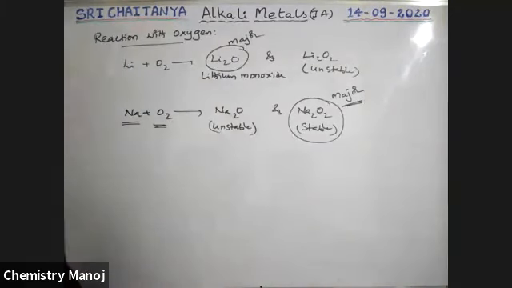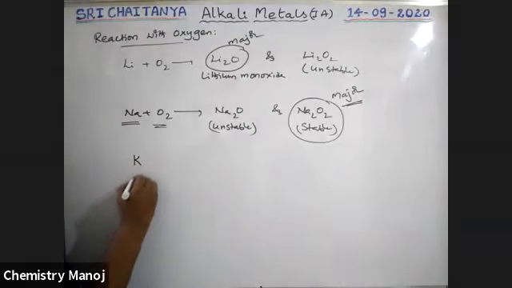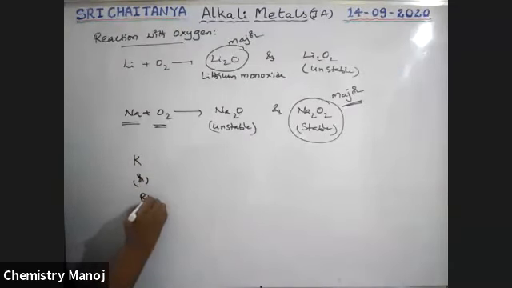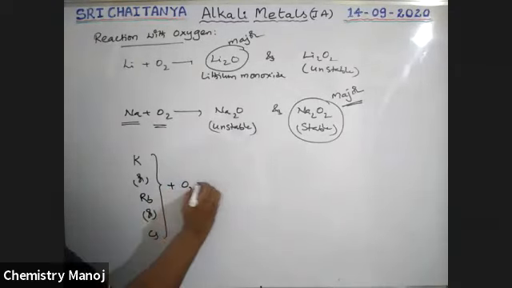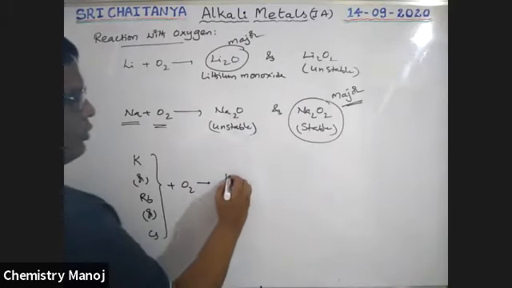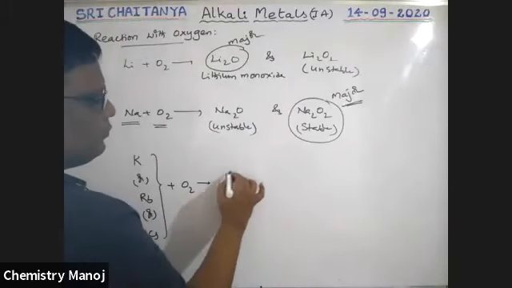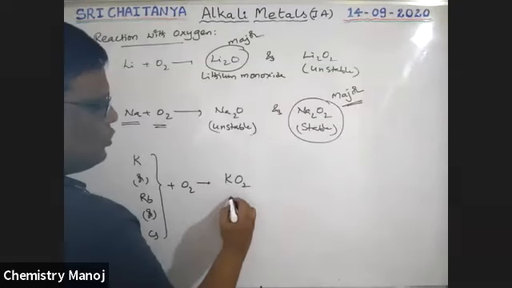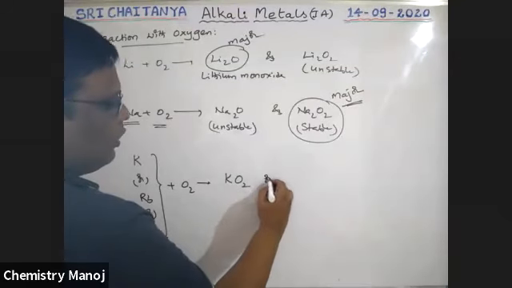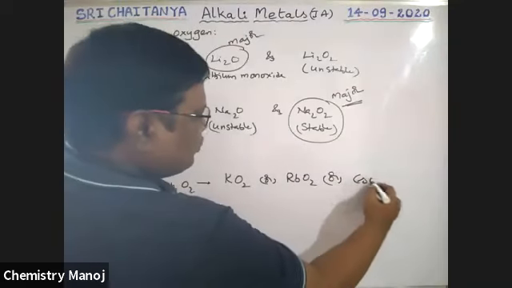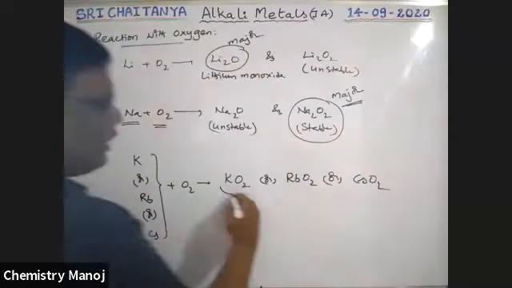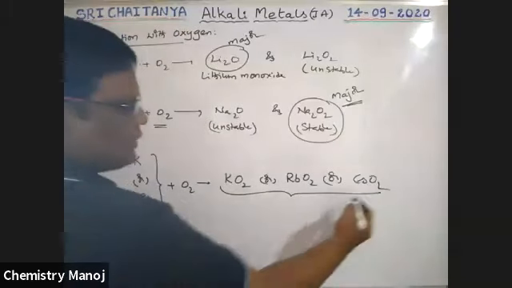Next, potassium, rubidium or cesium. Whichever element it may be, when it reacts with oxygen it gives superoxides: KO2, RbO2 or CsO2.